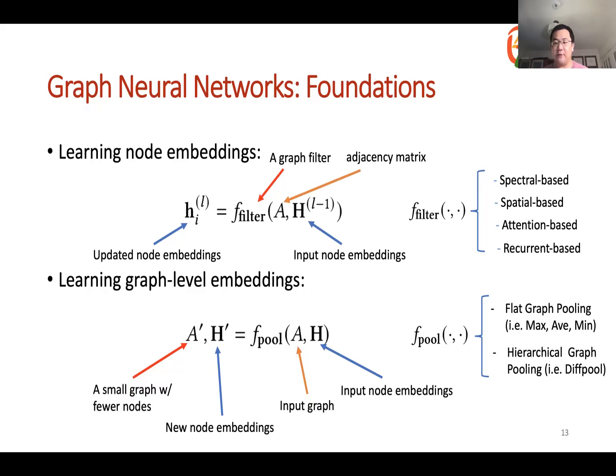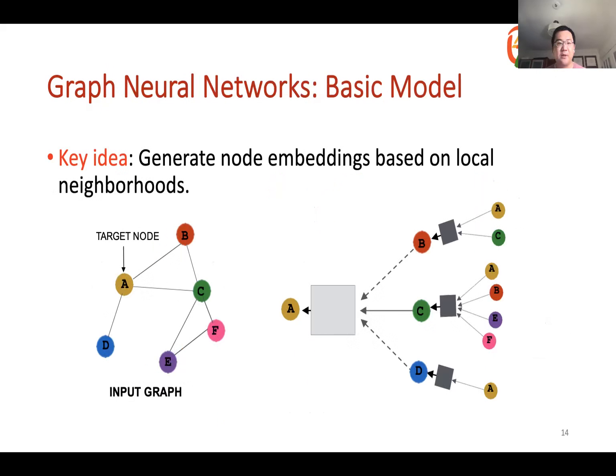We can also use very advanced graph pooling techniques, such as hierarchical graph pooling, where the key is to generate a bunch of smaller graphs in each layer, and then we can calculate the graph-level representation for each layer, and finally generate a more powerful graph-level representation. But in most NLP tasks, flat graph pooling will be enough.